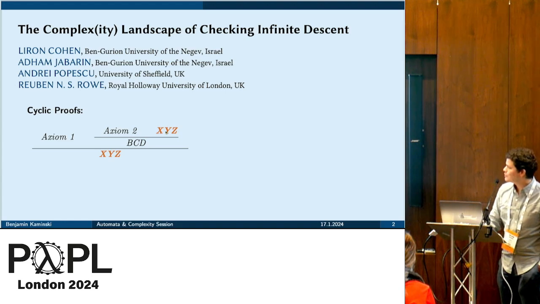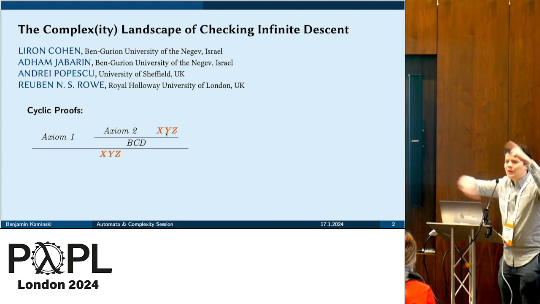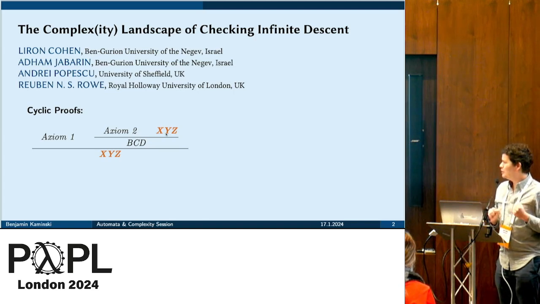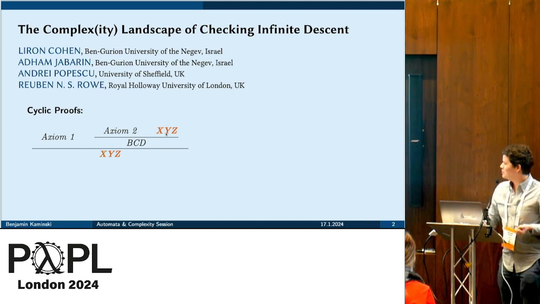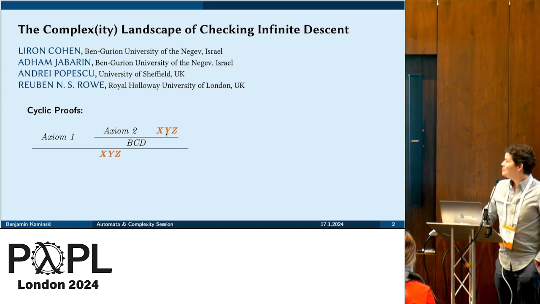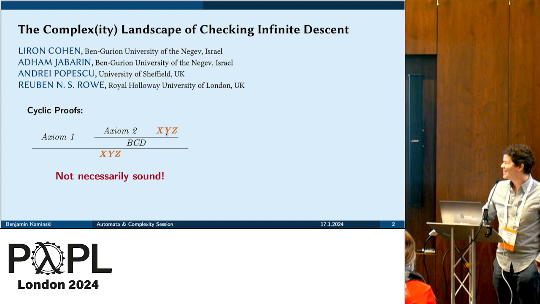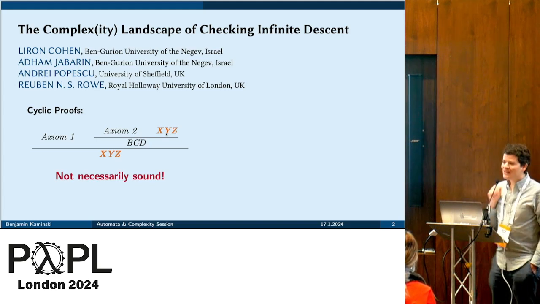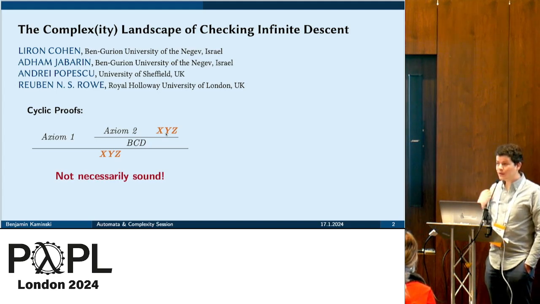And then you have the same sequent occurring here again. And this is now a circular thing, and you might say that this is not a sound proof, but there are methods to make this sound, yeah?